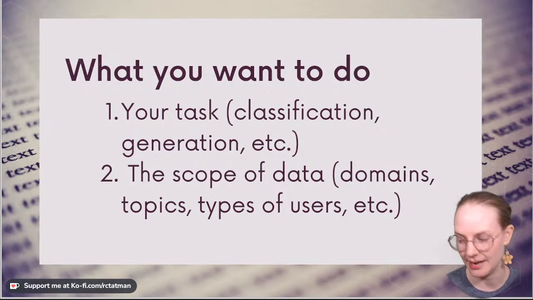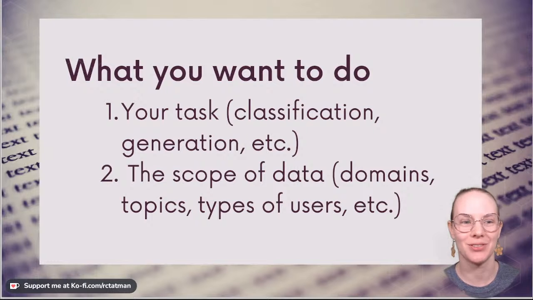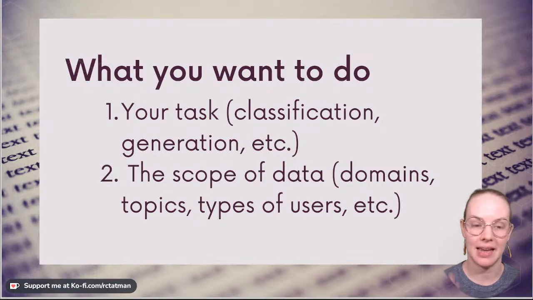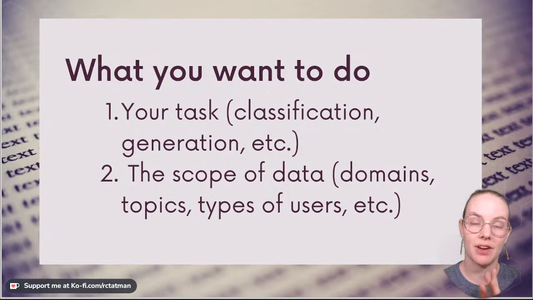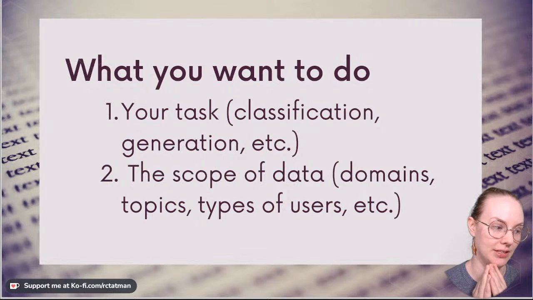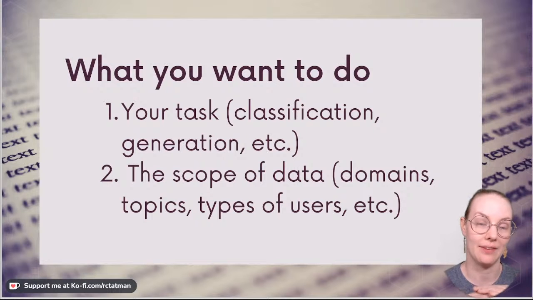And then also types of users. So who is producing this data, right? If you have a corpus of social media data from, let's say, politicians from a single party, that's probably going to be fairly homogeneous. But if you have social media data that's about dogs, right, you're going to have a large variety of types of users.